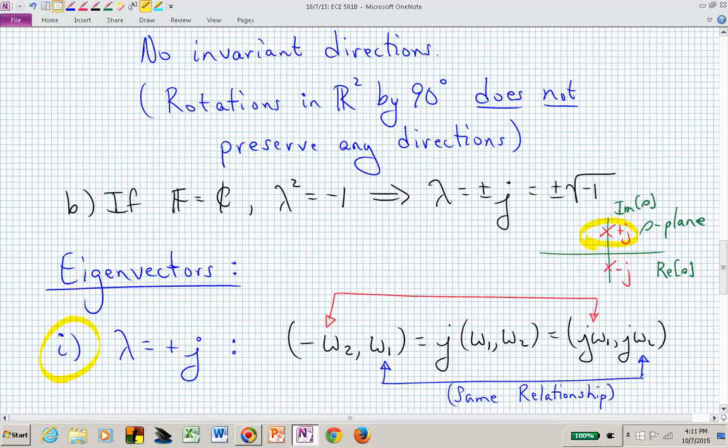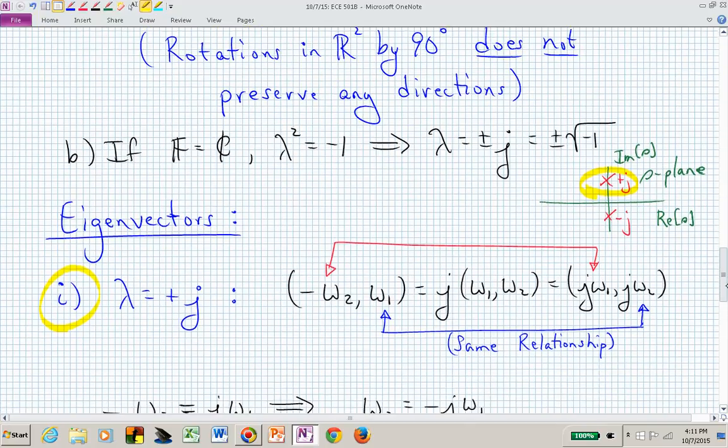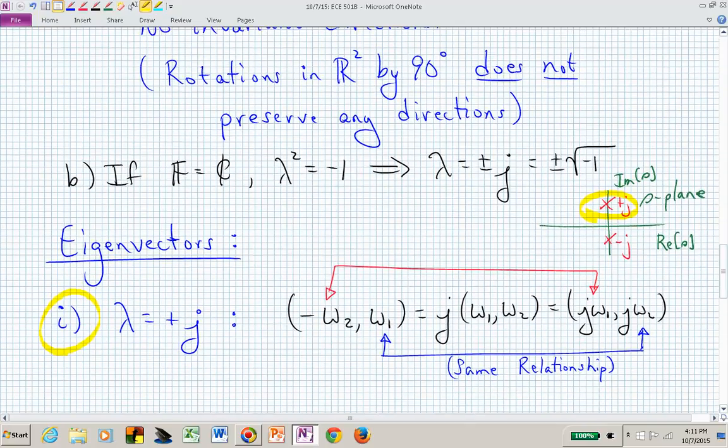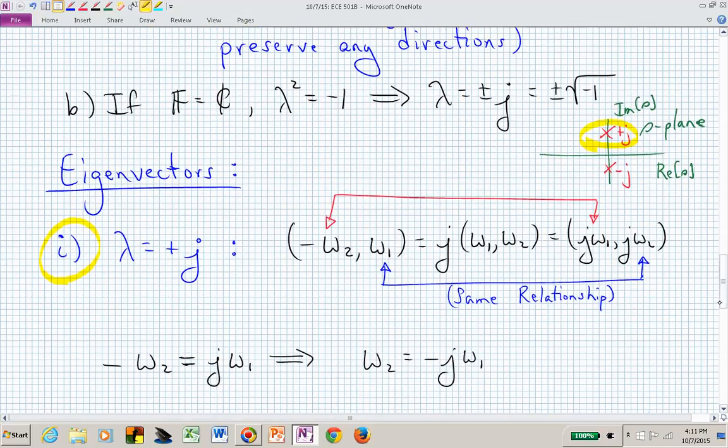So we should have had some redundancy in our equations. Let's play with the first component, which says the eigenvector has to have this particular relationship between coordinate 1 and coordinate 2. W1 times j is supposed to equal minus W2.